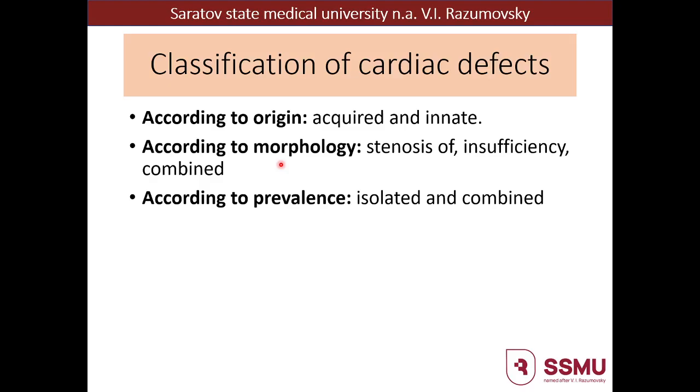First of them is rheumatism, but we may also see formation of cardiac defects in case of sepsis or a lot of other pathological processes which will be localized in the heart. According to morphology, it may be stenosis of valve, insufficiency of valve, and sometimes a combined type of cardiac defect. According to prevalence, they may be isolated and combined.